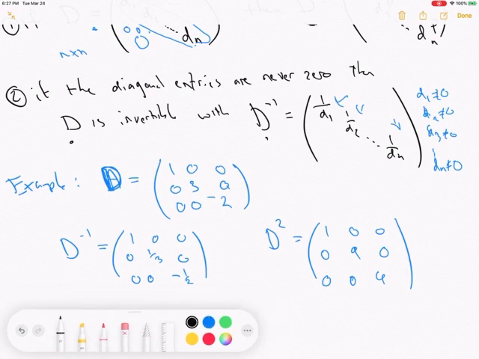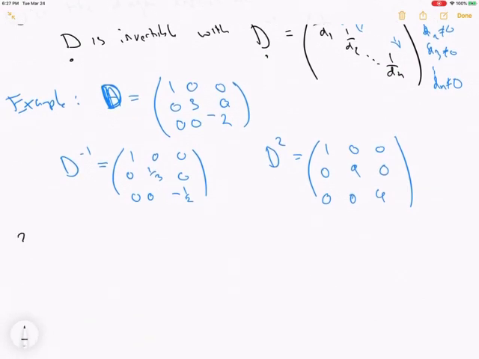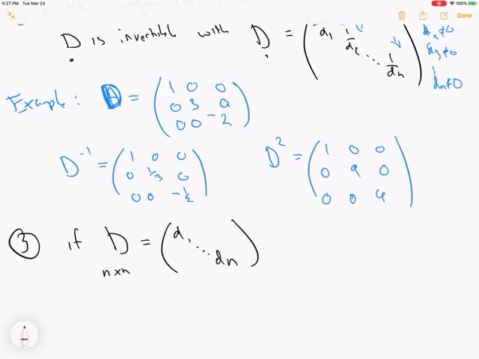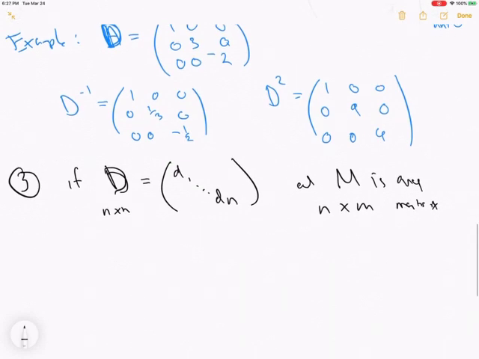Now there's a third property, which is how diagonal matrices act on other matrices. So if D has diagonal entries D1 through Dn, so this means it's an n by n matrix D, and if M is any n by m matrix, then we can multiply DM.